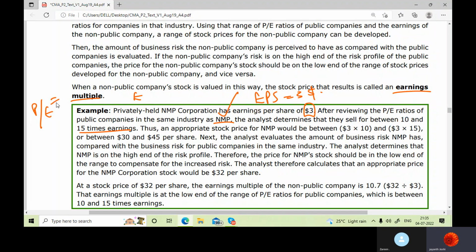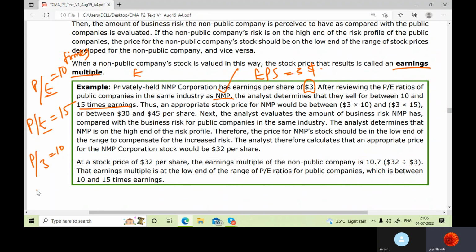So one PE ratio is 10 times and the other is 15 times. Now we will take the earnings per share and try to find the price of the stock. So what can be the price of the stock? P by 3 is equal to 10, where P is the market price. P by 3 is equal to 15.